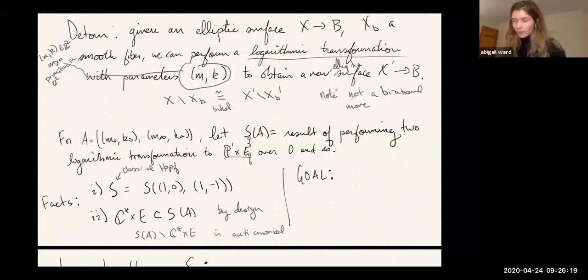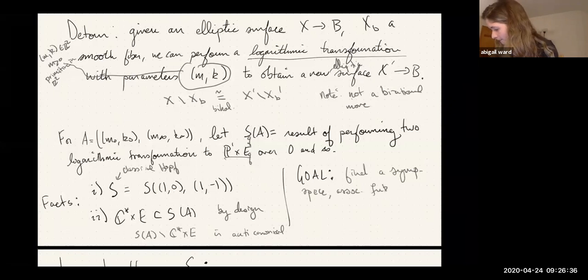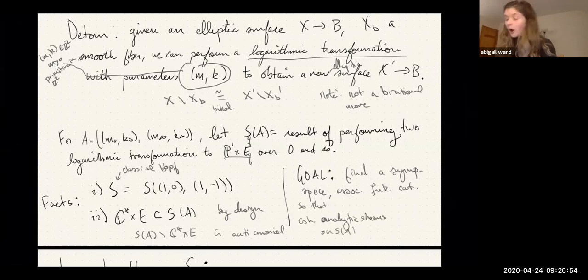So the goal is to understand mirror symmetry for these surfaces. So to find a symplectic space and an associated Fukaya category, so that coherent analytic sheaves, which you should really just think about as holomorphic vector bundles.